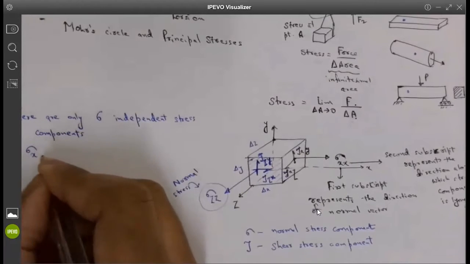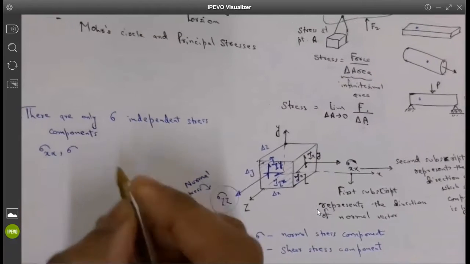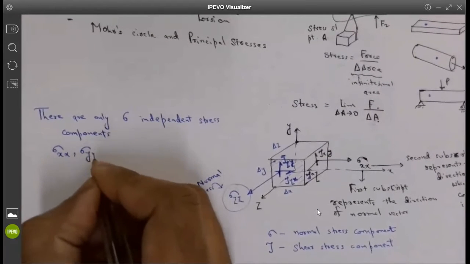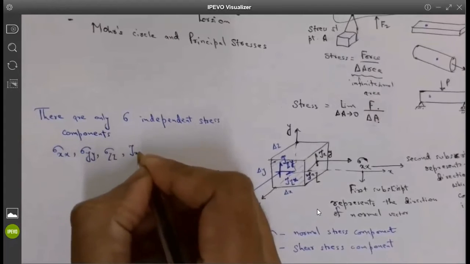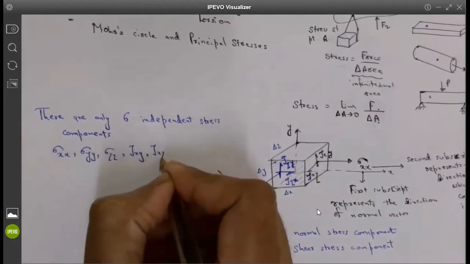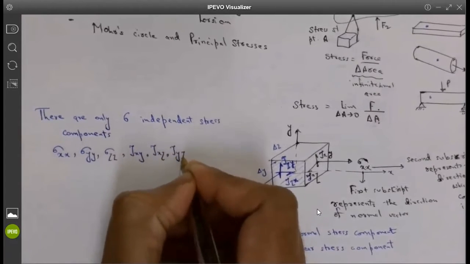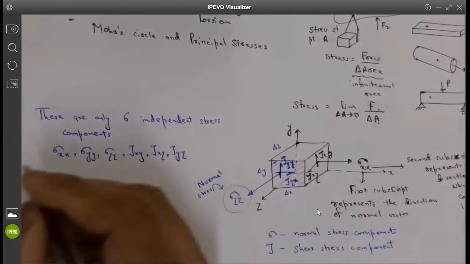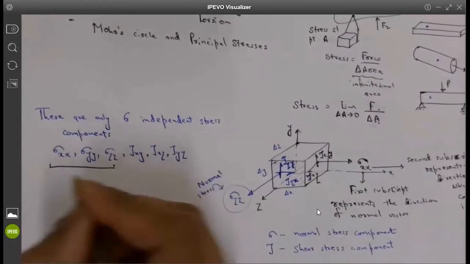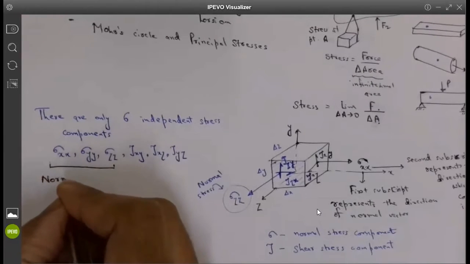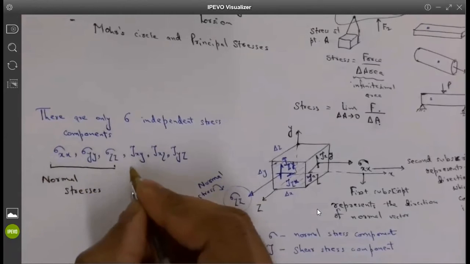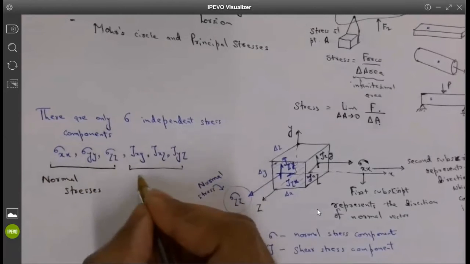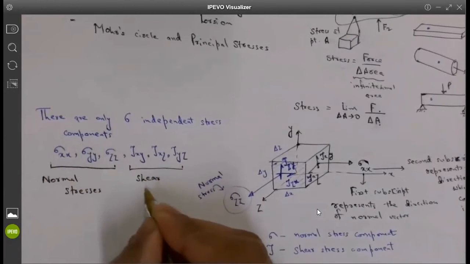And these are sigma XX, sigma YY, sigma ZZ, tau XY, tau XZ, and tau YZ. Out of which these three are called normal stresses, and these three are called shear stresses.